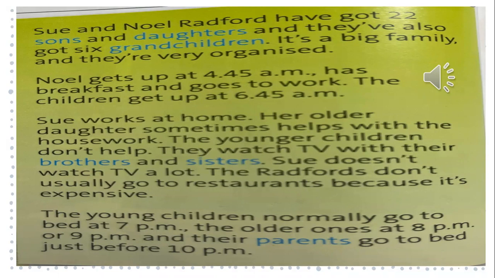The children get up at 6:45 a.m. Sue works at home. Her older daughter sometimes helps with the housework. The younger children don't help. They watch TV with their brothers and sisters. Sue doesn't watch TV a lot. The Radfords don't usually go to restaurants because it's expensive. The young children normally go to bed at 7 p.m., the older ones at 8 p.m. or 9 p.m., and their parents go to bed just before 10 p.m.